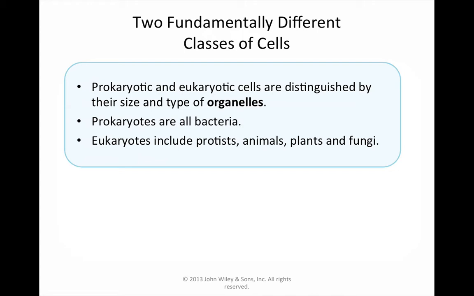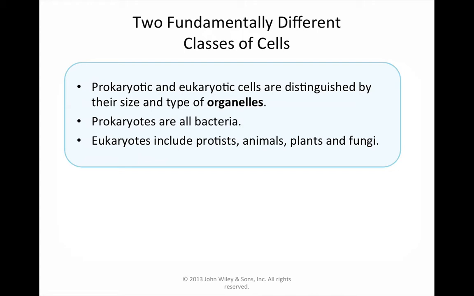So with the invention of the electron microscope, scientists were able to actually determine and examine the internal structure of a variety of cells. We'll see a little bit later when we look at cell sizes why we need an electron microscope, because some of these structures are extremely small for us to see.